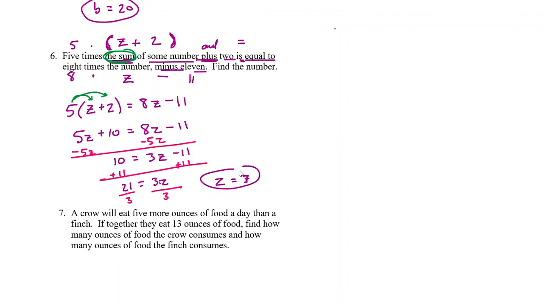Z equals 7. So now I go back to my original, well, what I think is my original equation. 5 times the sum of z plus 2 equals 8 times z minus 11. I'll just plug in the 7 there. So 5 times 7 plus 2 equals 8 times 7 minus 11.